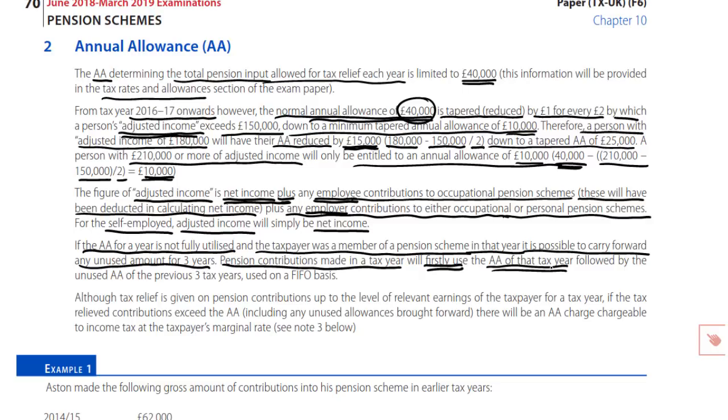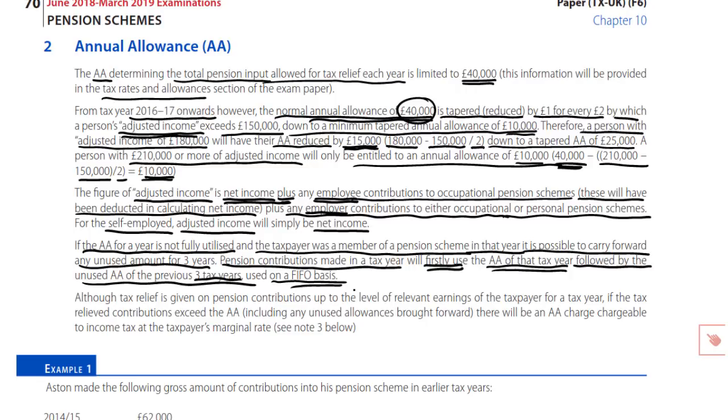If the amount of contributions made, your total pension input, has exceeded that annual allowance limit for the tax year, we then start to use up the unused AA brought forward from the previous 3 years, and thankfully used on a first in, first out basis. So we'll use up that of 3 years ago, because if we don't use that this year, it will have gone by next year. So very good news that we use on a FIFO rather than a LIFO basis.